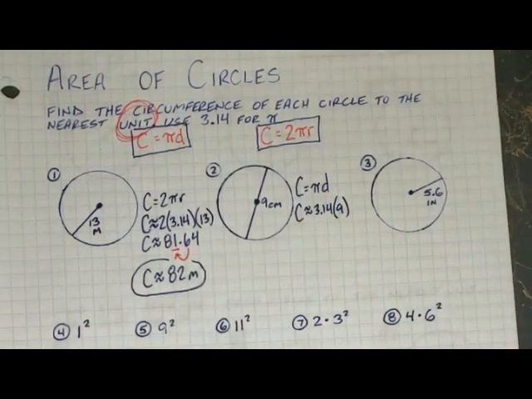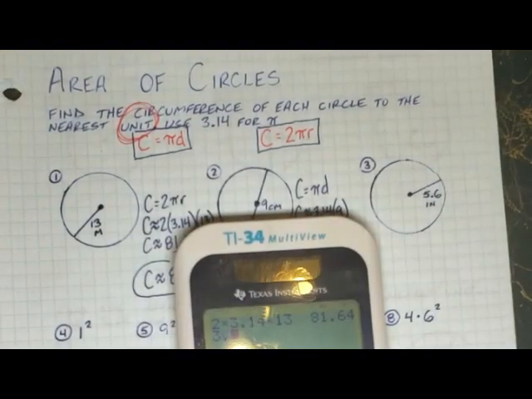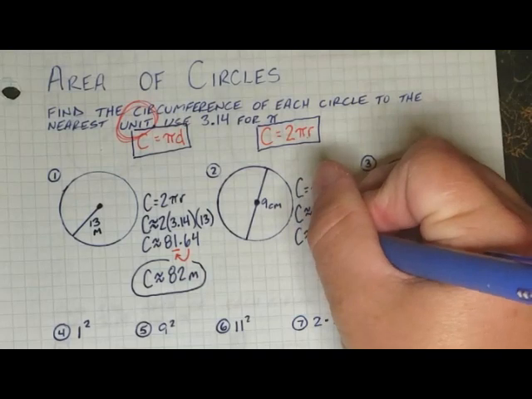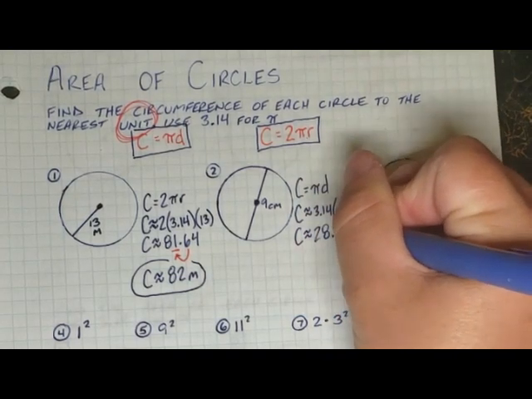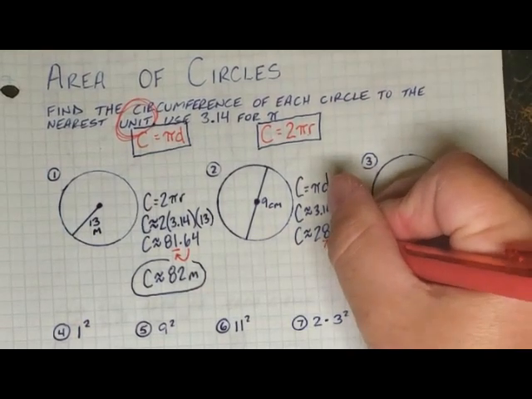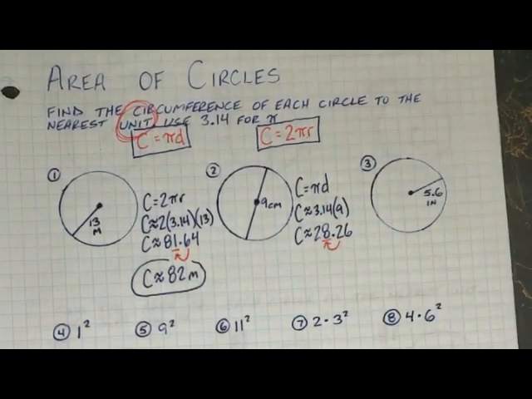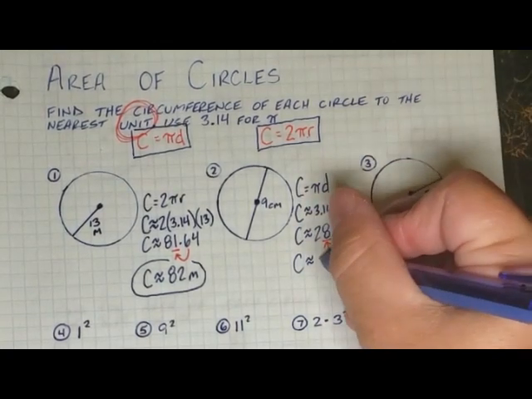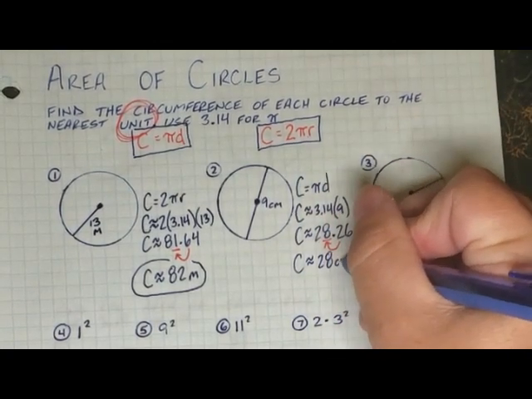So we take our calculator, 3.14 times 9 is 28.26. And then we look at the tens place and the ones place. A 2 would let the 8 stay at 8, so the circumference is about 28 centimeters.